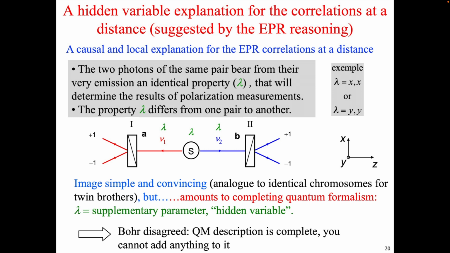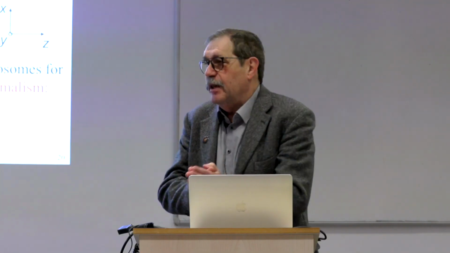But at that point, Bohr disagrees, and I would say, after reading him so many times, I think he had the strong intuition that the self-consistency of quantum mechanics would fall apart, would be ruined, if he accepted that. But he did not demonstrate it. It's Bell who demonstrated that.